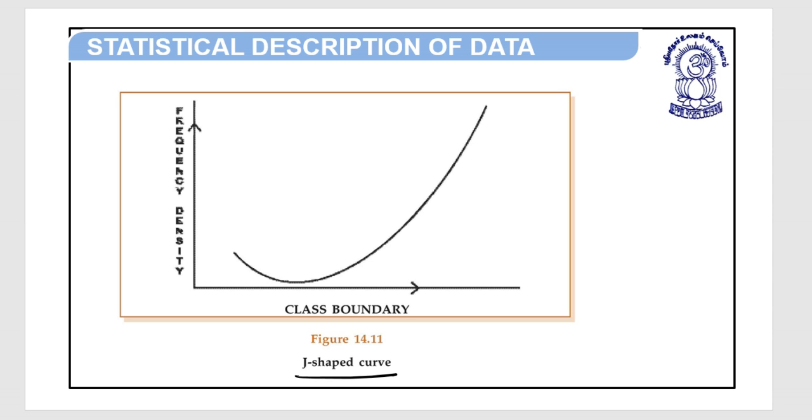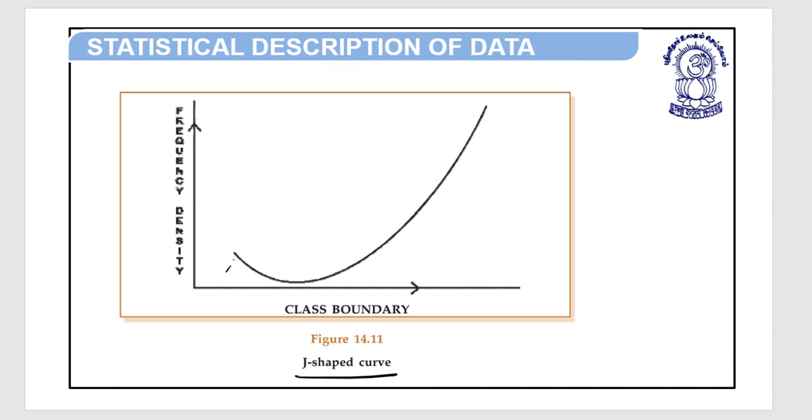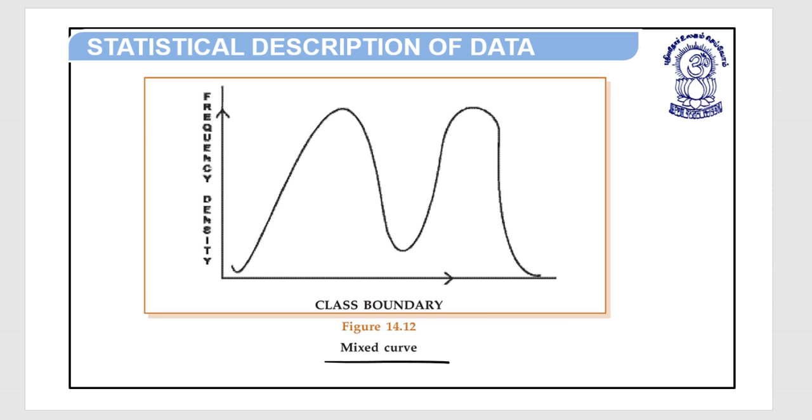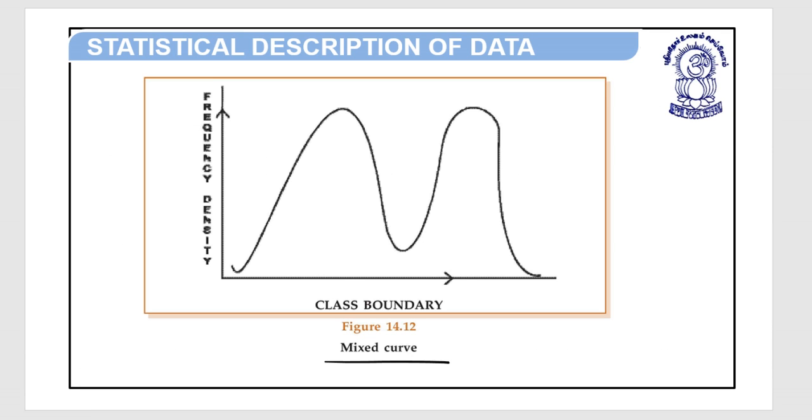J-shaped curve. In the J-shaped curve, we start with a minimum and gradually reach the maximum. Mixed curve. This is the mixed curve.